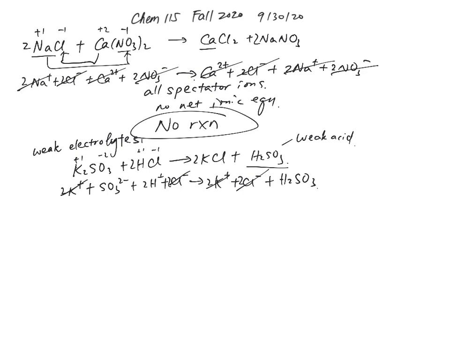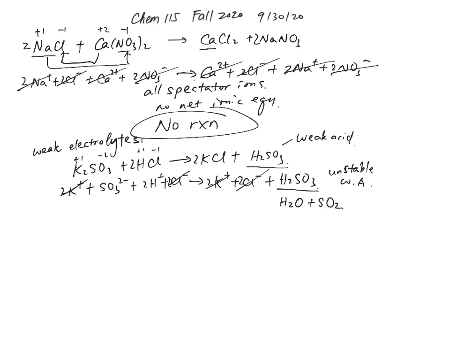Now, for this particular situation, when you're making H2SO3, know that this is a kind of unstable weak acid. What's going to happen is a molecule like H2SO3 won't fully dissociate. It's going to dissociate a little bit and give you some H plus ions and sulfite ion.